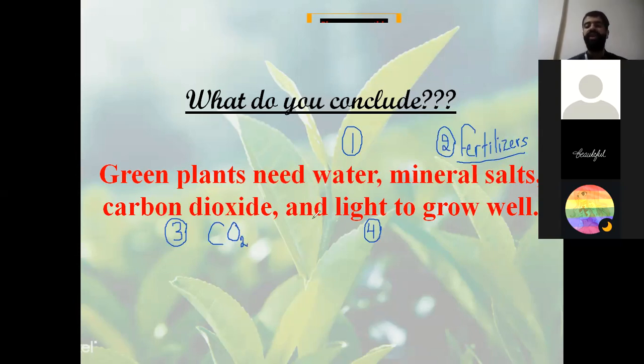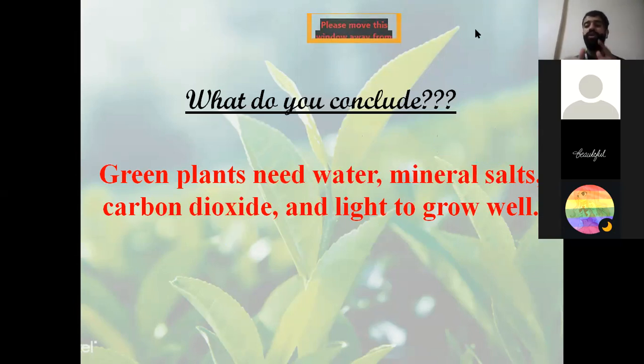So green plants need four important nutritive elements: water, mineral salts in the form of fertilizers, carbon dioxide, and light, for the green plant to grow well, tall and green. This is about the nutritive needs for the growth of green plants.